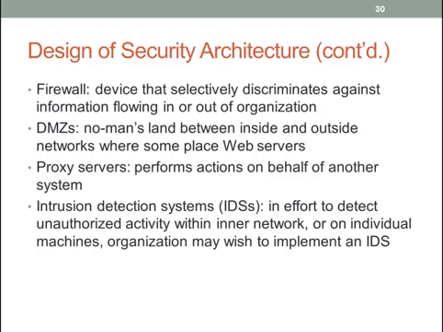Everything behind the firewall would be considered trusted communication. We would want to make sure that only individuals that are fully trusted or trusted are allowed in. Outside the firewall, we would usually see a DMZ, or demilitarized zone, and this is just what it sounds like, a no man's land between inside and outside networks.